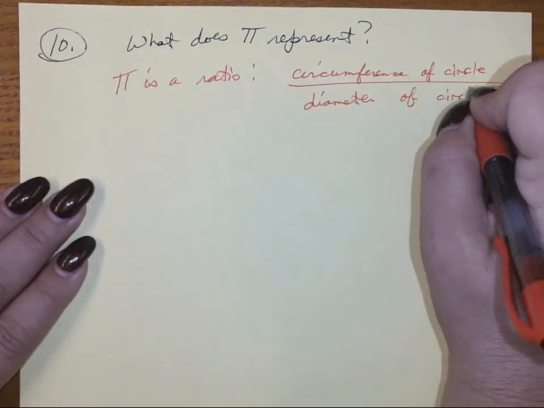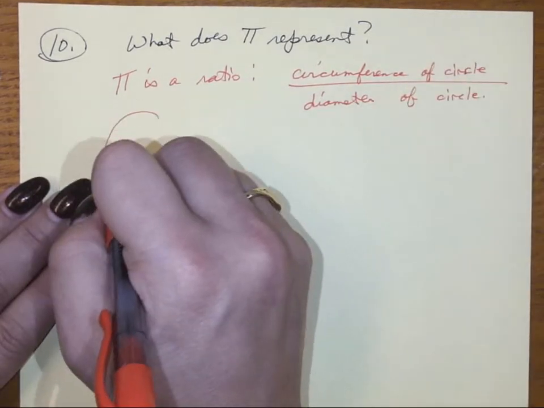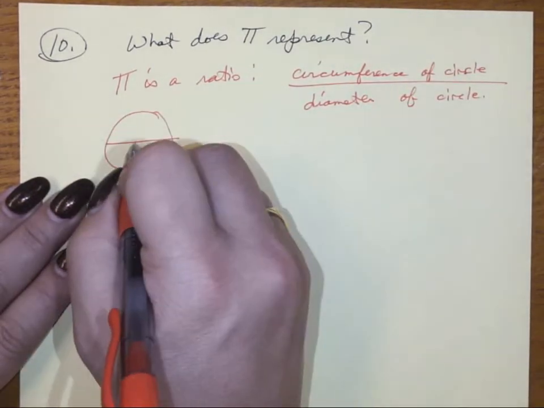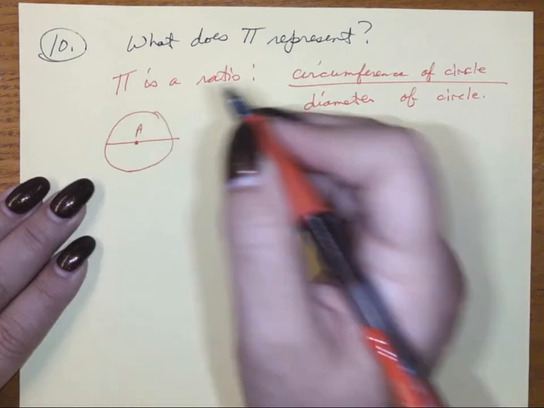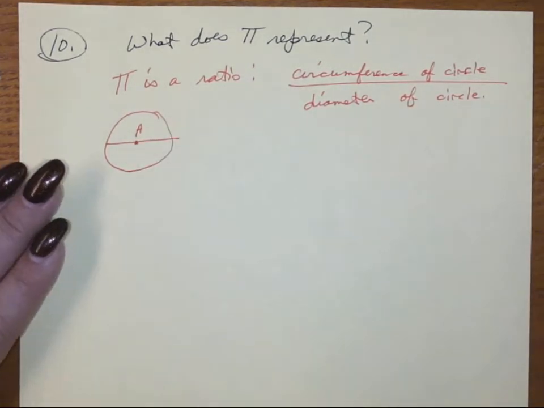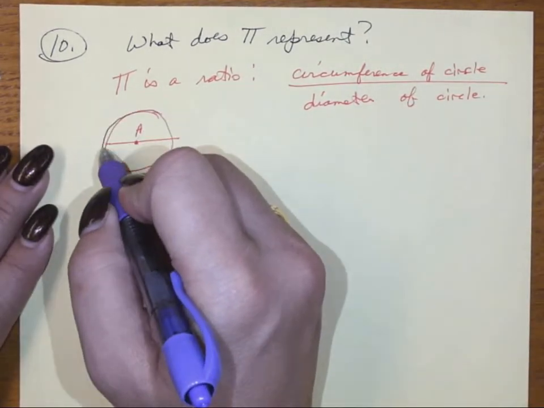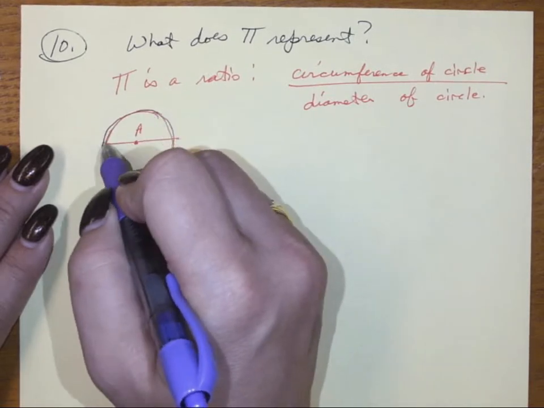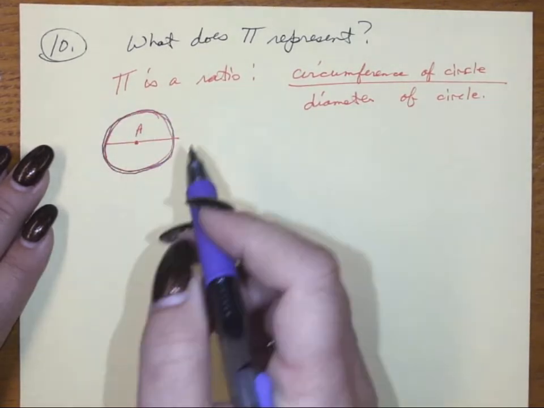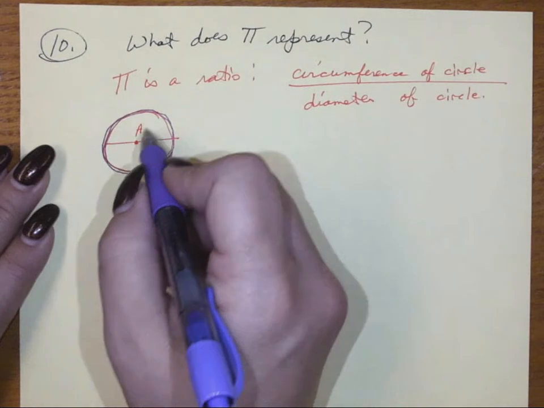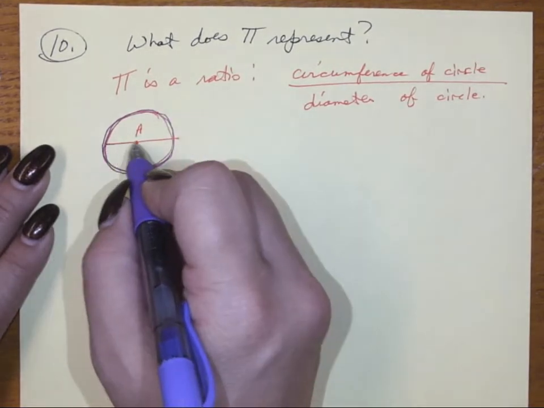So basically we're saying how many times, if I have this circle and I have this diameter, circle A we'll call it, how many times if I cut off this particular circumference all the way around, that's what we did with coffee filters, how many times will I be able to cut that into diameters?